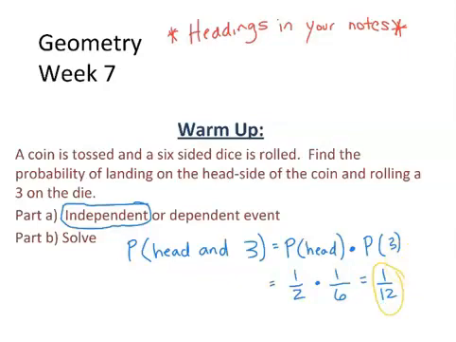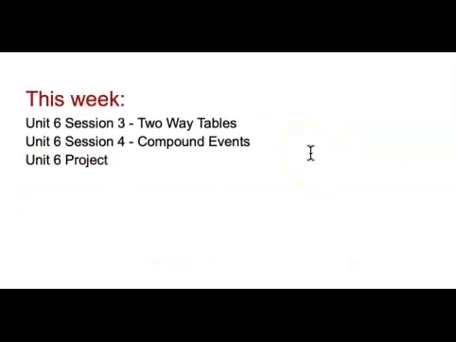All right, so that's some good warm-up of what we did last week of looking at independent and dependent events. So what are we doing this week? This week we are going to start with Session 3, which is looking at two-way tables and finding the probability of different events based on the data in those two-way tables.